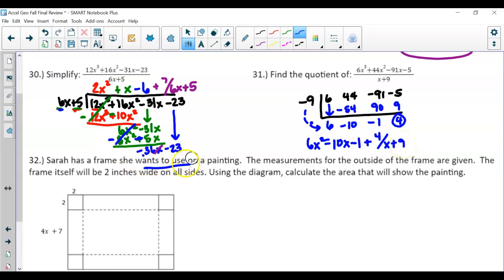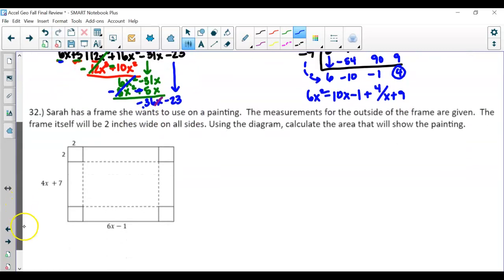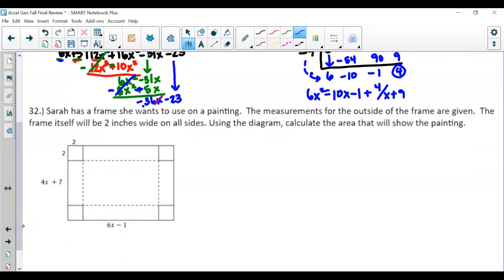So now here in 32, you're given this painting here, but the frame is going to be a 2 by 2. So here we just want to calculate, though, the area that would show the painting, which is just this small area inside of here, which means we're taking away 2 from each of these. So we're taking away 2 here, and we're taking away 2 here.